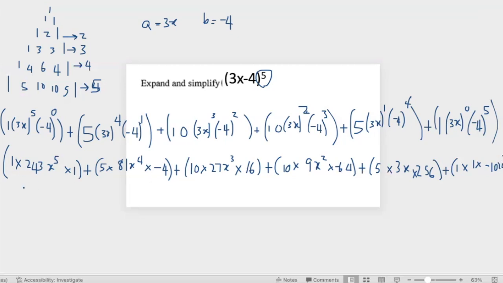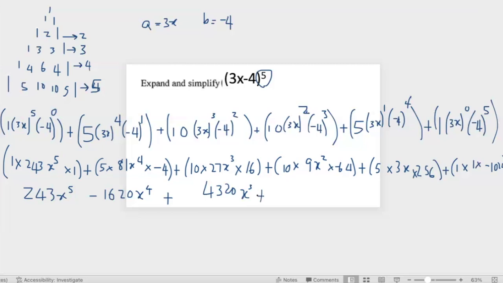So multiplying, we have 243 x to the 5th. We have to multiply 5 times 81 times negative 4. So that's minus 1620 x to the 4th. And then we have 10 times 27 times 16. That's 4,320 x cubed.